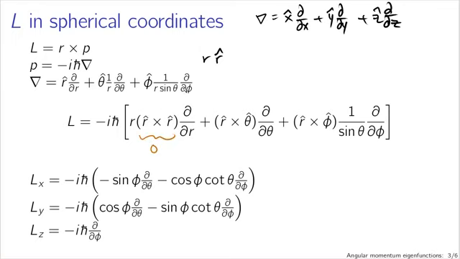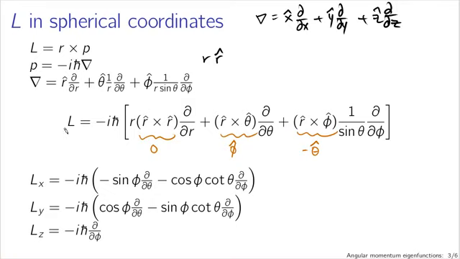The cross product of any vector with itself is going to be 0, since the cross product depends on the angle between the vectors. They have to be pointing in different directions. r cross theta is going to give me phi hat, a unit vector pointing in the phi direction. And r cross phi is going to give me minus theta hat, a unit vector pointing in the minus theta direction. You're only going to end up with two terms, and that will be our angular momentum operator.